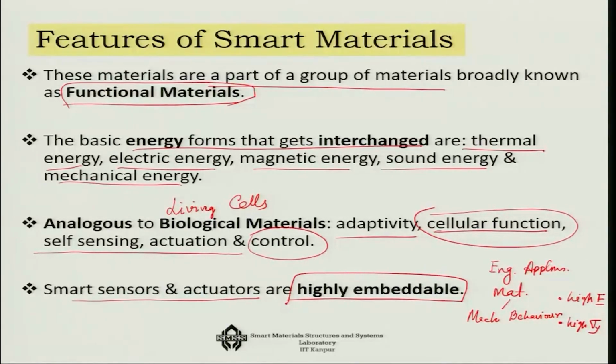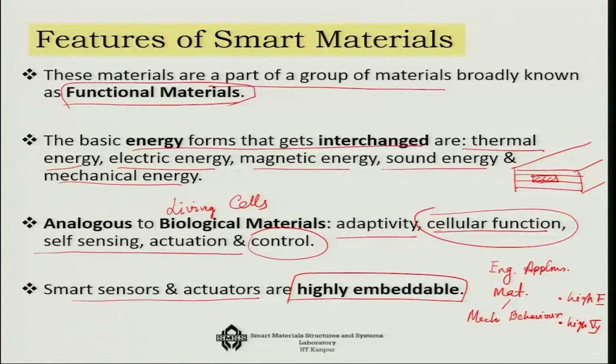In that context this point is important because a composite is developed in a laminar manner, so there are several laminae, suppose in a composite beam. You can very nicely embed one smart sensor inside, which will give us all the information related to the stress, the strain, temperature, cracks propagating, and so on and so forth.